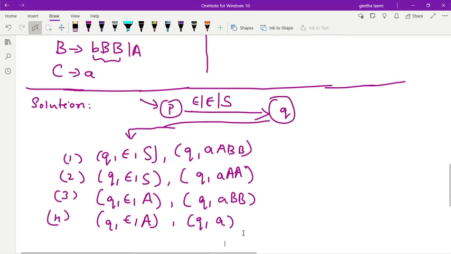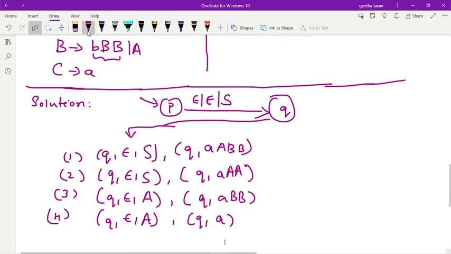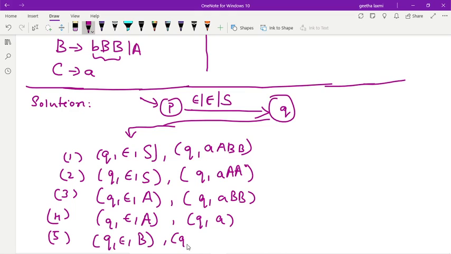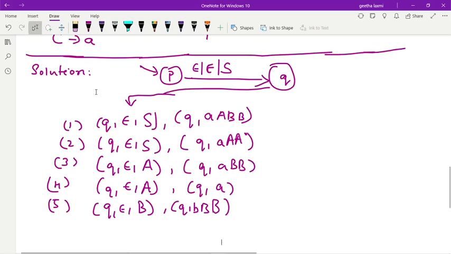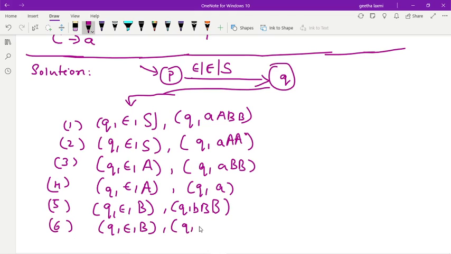Next we have two more rules on B. I will write this one first as the fifth rule: q comma epsilon comma B, and B is going to give you BBB. Then B is also giving you A, so I will write that next as the sixth rule: q comma epsilon comma B gives you q comma A. What was the last rule?